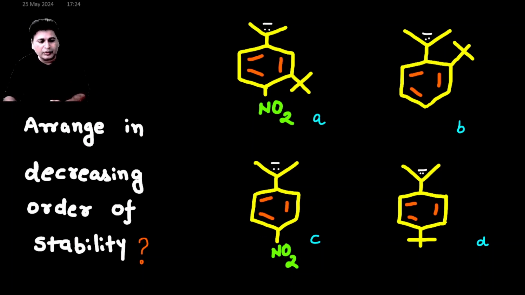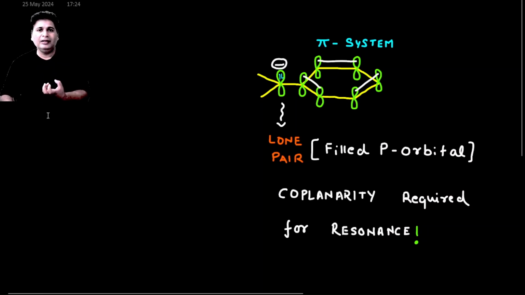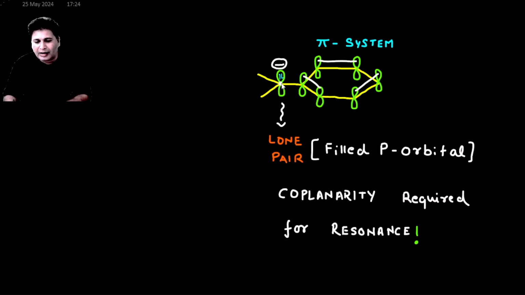So I will start with A. Before I start A, I want to give you some picture, some concept, of under what circumstances the benzene ring comes to help you through resonance. For example, on your screen you can see that there is a carbon which has a negative charge.